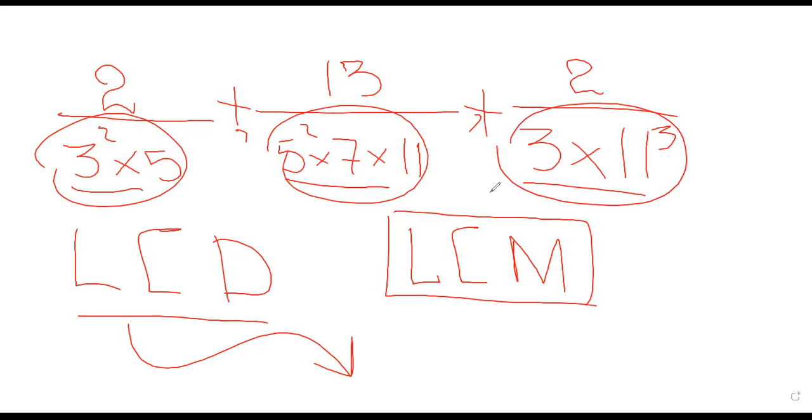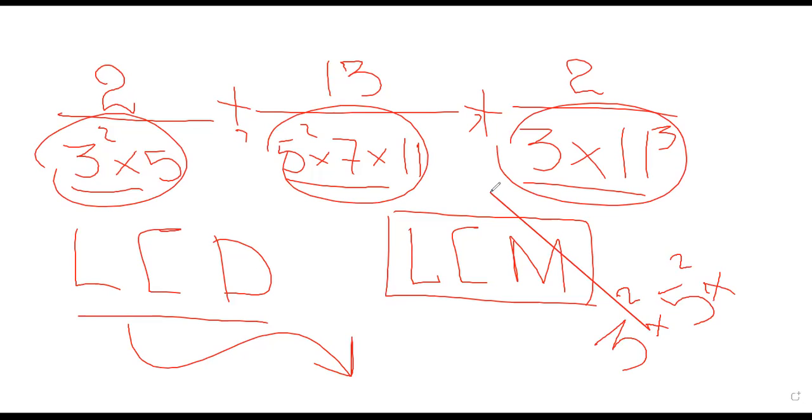So if you look for the highest power from each denominator, 3 from the first has the highest power, that is square. And if we look at 5, 5 has the greatest power 2.